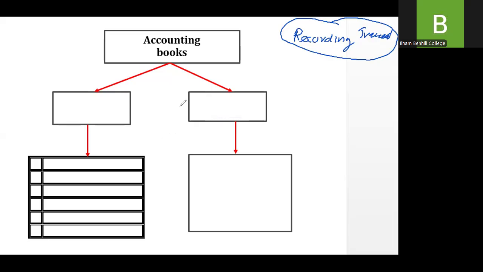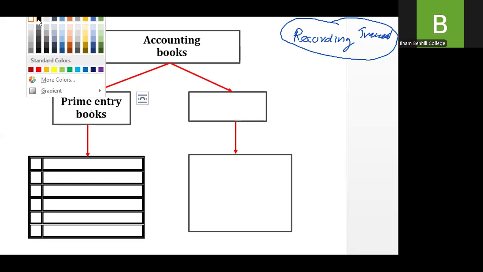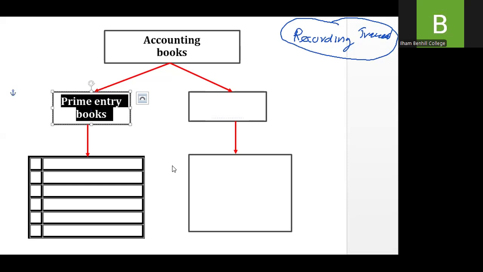One is called the prime entry books. Now you all know this, you all heard about prime entry books. What is the other one?